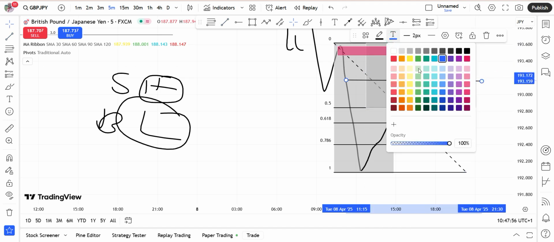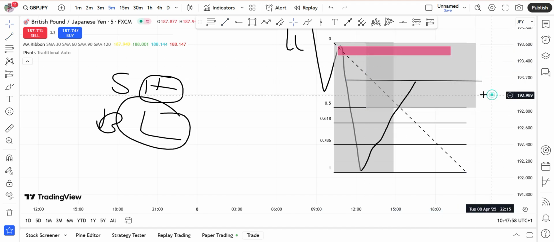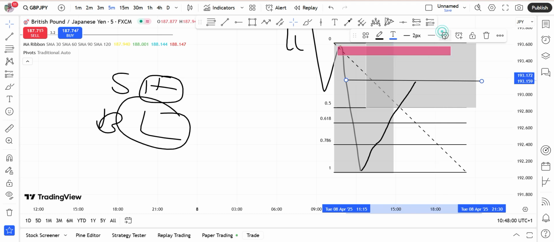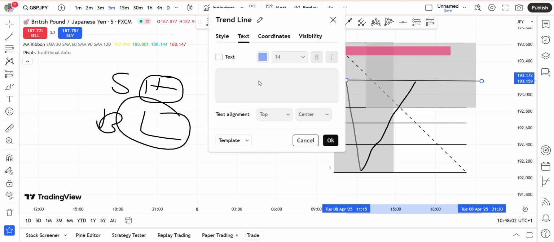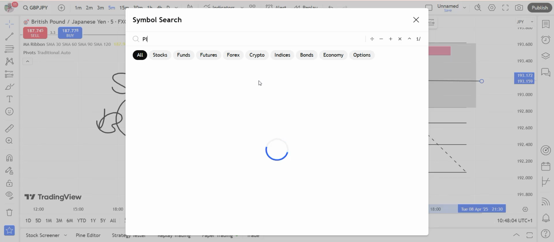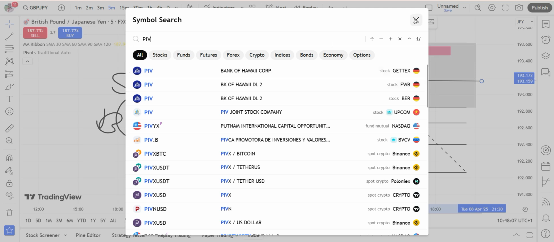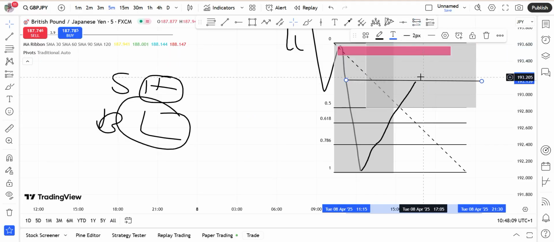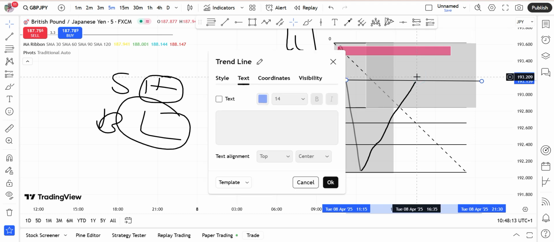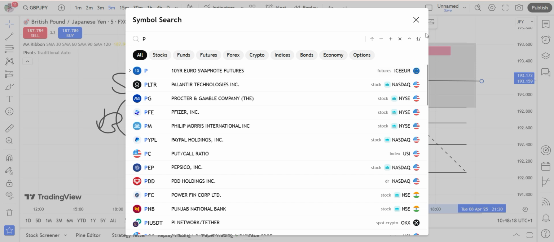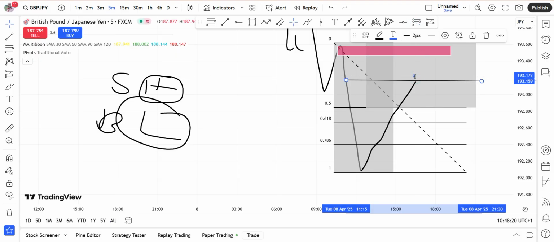Okay, let's see if we can write something here. Sorry. So here we have the pivot.